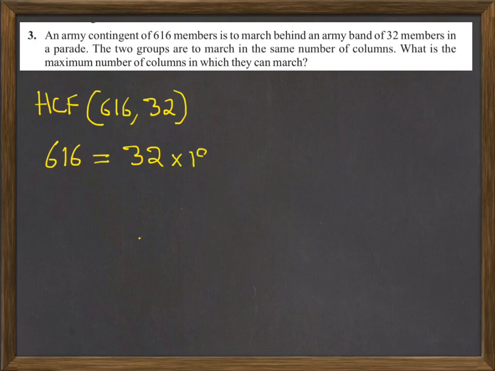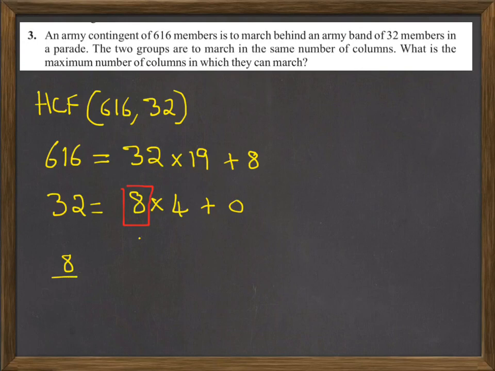So 32 times 19, and the remainder is 8. So 32 divided by 8. So 8 times 4 is 32, and the remainder is 0. So they will march in columns of 8. So they'll march in 8 columns.